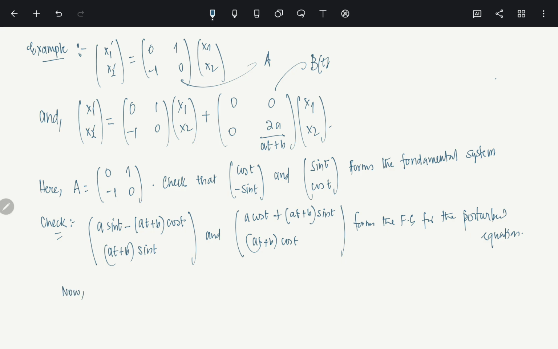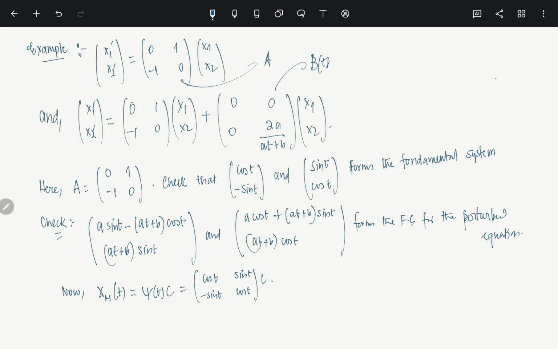what is the homogeneous problem, x_h of t? How does it look? Any solution will look like phi of t times a constant vector C. What is phi? Phi is nothing but [cosine t, sine t; minus sine t, cosine t], times C. Is this okay? Please look at this.